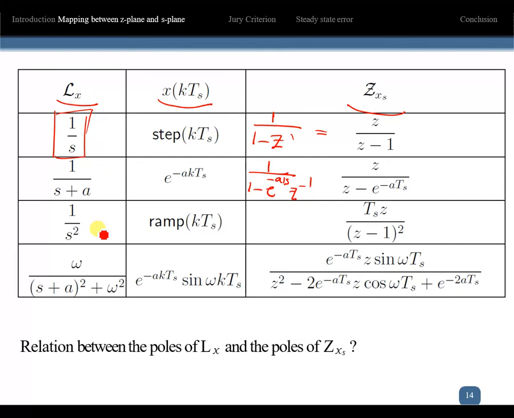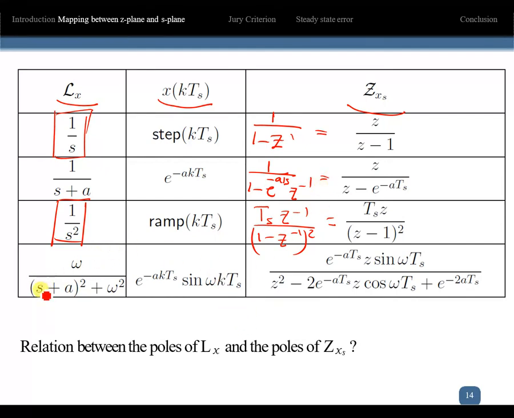The ramp, 1/s squared, in the Z domain becomes Ts Z over (Z minus 1) squared, or if you multiply by Z to the minus 1, Z to the minus 1 over (1 minus Z to the minus 1) squared.